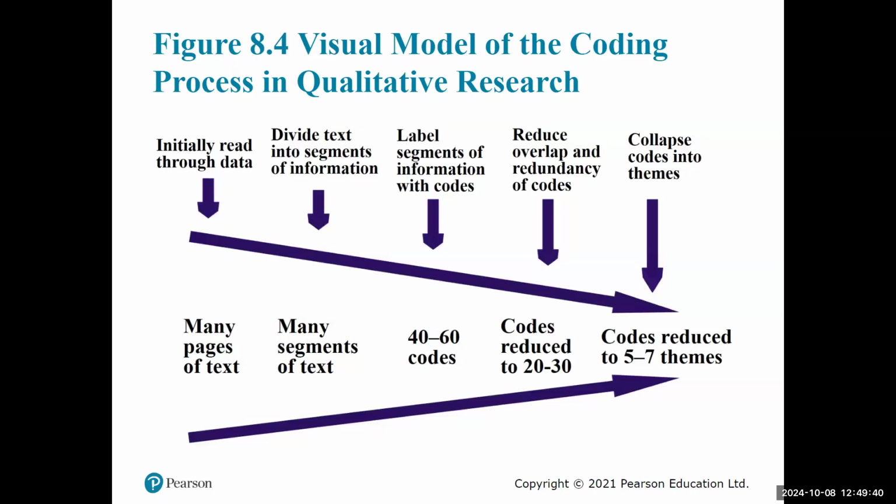So this is a visual of what we talked about. You're reading through the data, dividing it into segments, labeling these segments with codes, then you start to find the overlapping codes, and then you begin to reduce and consolidate. You begin with a lot of pages and a lot of text, then you break it down to 40 to 60 codes as you go, because this is the ideation process where you're sitting with your data and trying to understand what is actually happening.